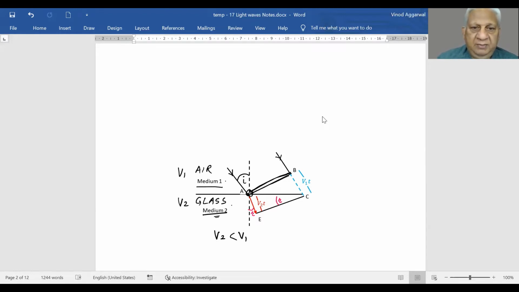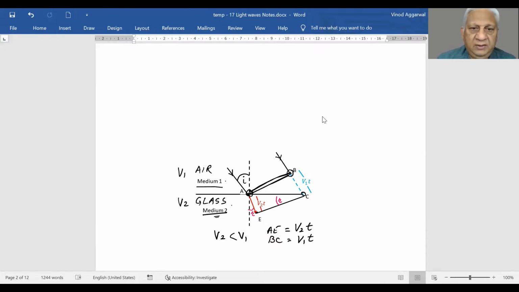So let's say in some time t, this wavefront reaches here, and this distance AE is velocity times time taken, right? Now within the same time, the wavefront here has reached point C. So we can say BC is equal to v1t, right? Okay.